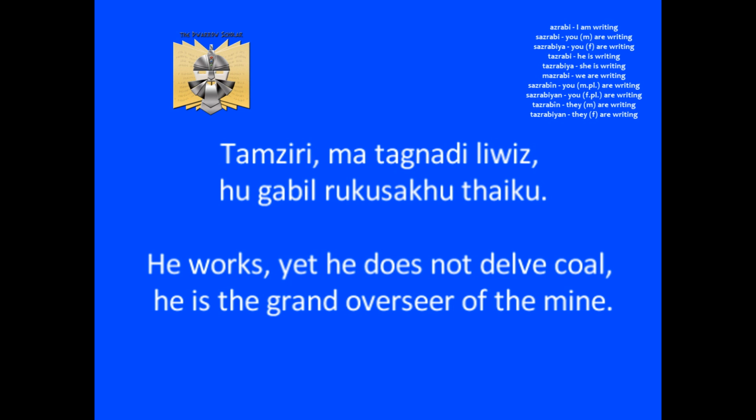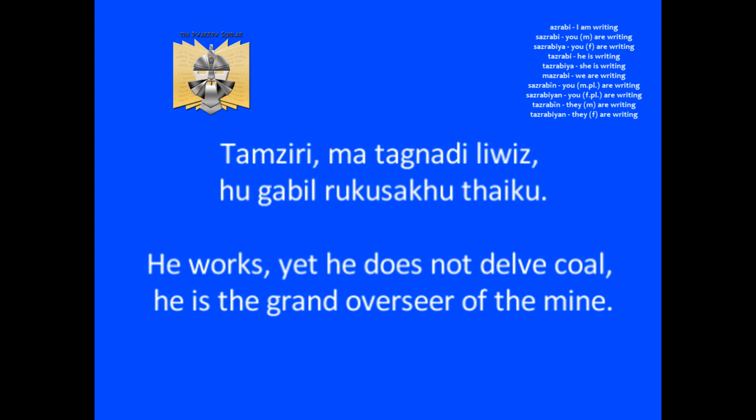And not just any overseer of the mine, but a great overseer, hence the gabil. Now, we might recall from the last lesson, we usually swap places of the noun and adjective. So why do we see gabil mentioned before the noun instead of after it? Should it not have been ruku saku gabil instead?